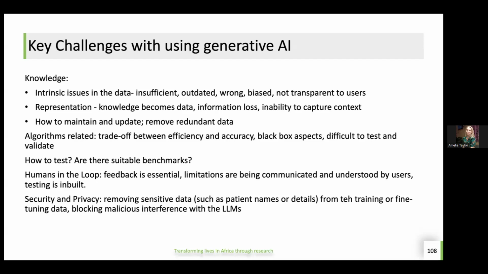Otherwise, you can disclose confidential information, and you don't want to do that. The other thing is that there is a danger of malicious interference. Somebody can tamper with it. This happens with any computer system, but it happens also with LLMs. But we need to understand what kind of attacks are possible and how we can mitigate them.